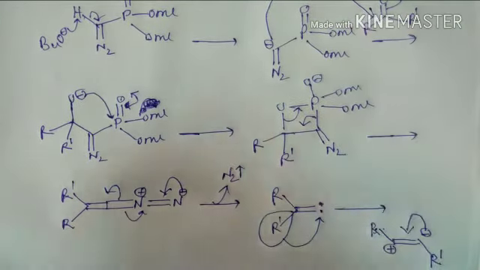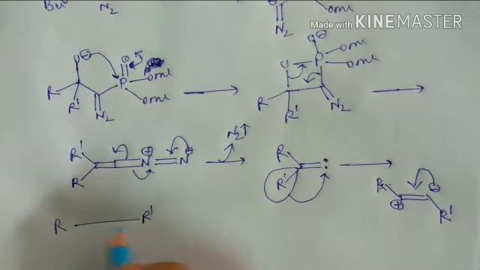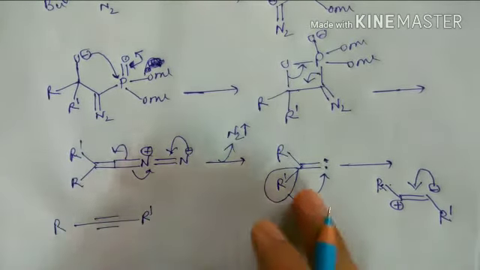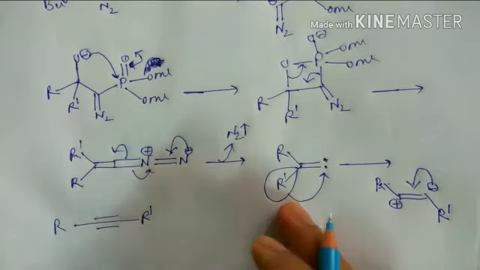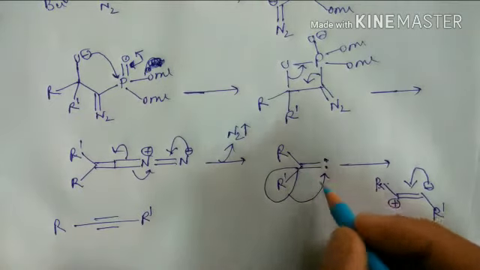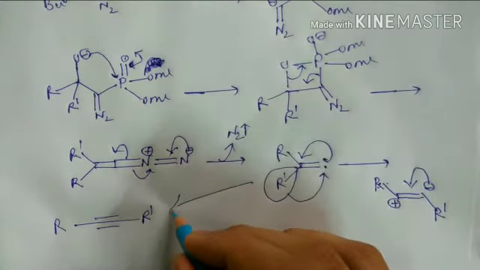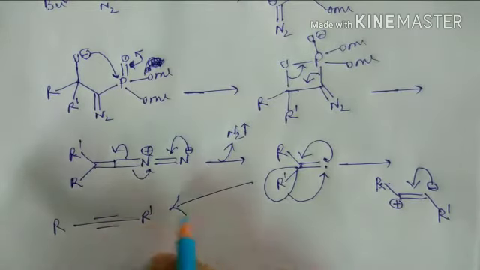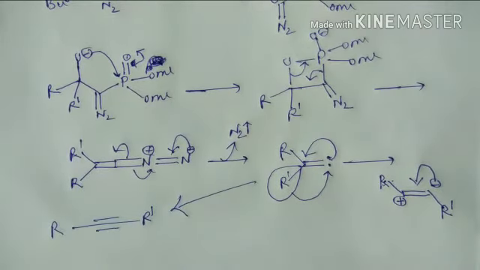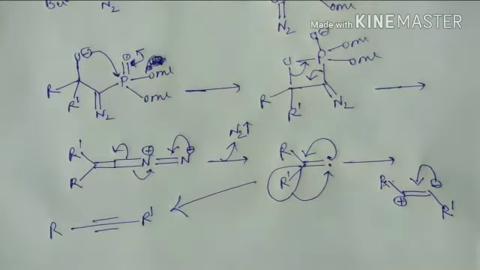Now this negative charge can go here and you can get this alkyne, or you can write down this step as a single step, that is when this R dash group is migrating here, you can draw an arrow like this to show this product in a single step. So this is how you will get the alkyne starting from a ketone and the Seyferth-Gilbert reagent.